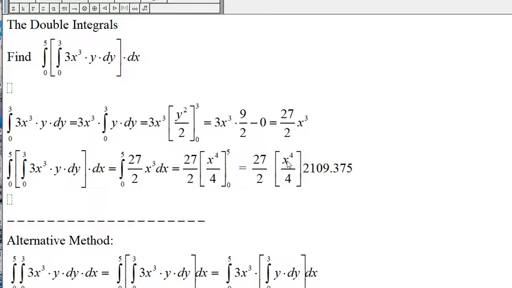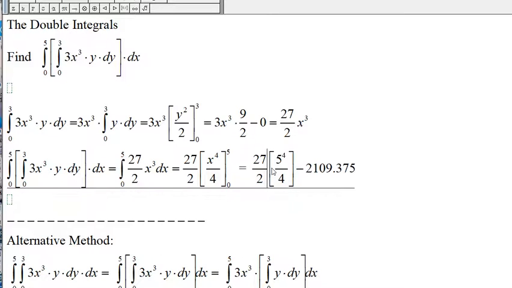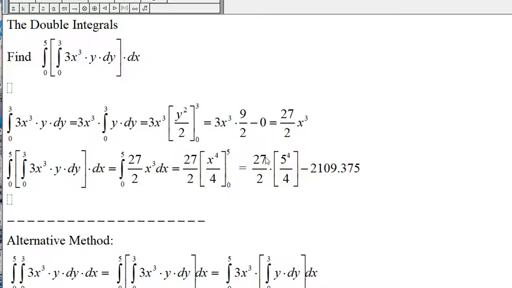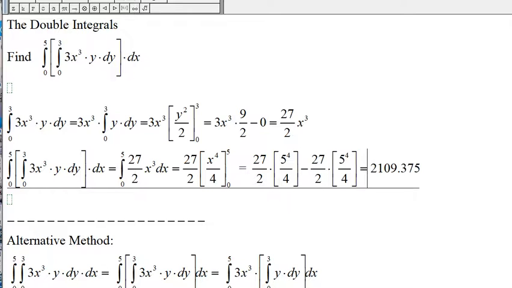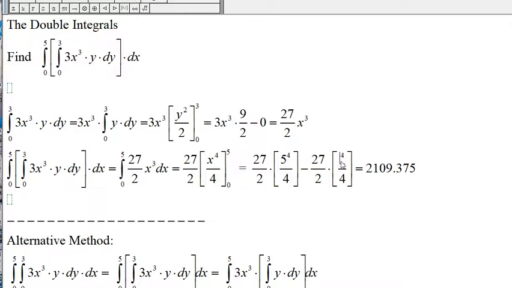And so replace x with 5, and then replace x with 0. And we'll get 2109.375. So that's what this double integral is: 2109.375.